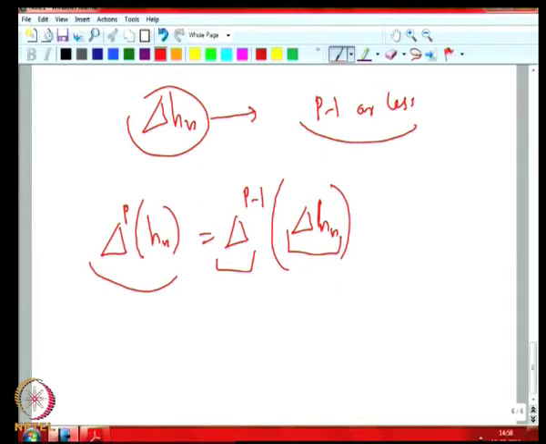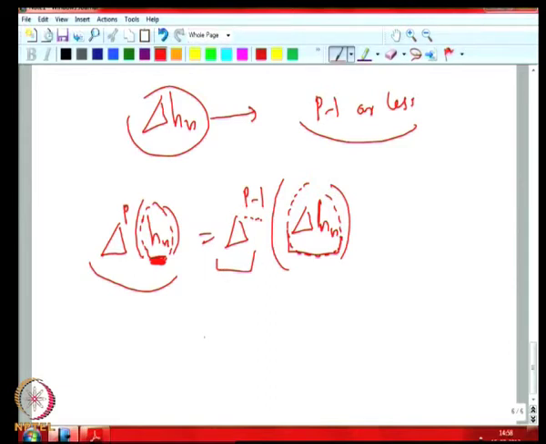In the difference table it is clear. For this sequence, which corresponds to the 0th row of the difference table, we are looking for the pth row. If delta Hn is considered as the 0th row, then we are actually looking for the p minus 1th row. These rows are the same, so both are going to be equal.